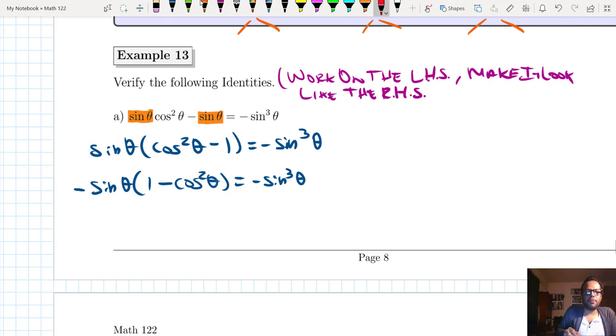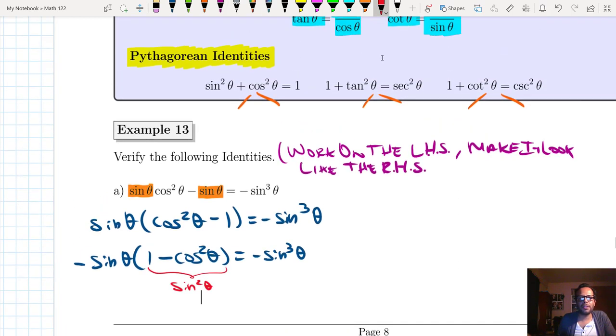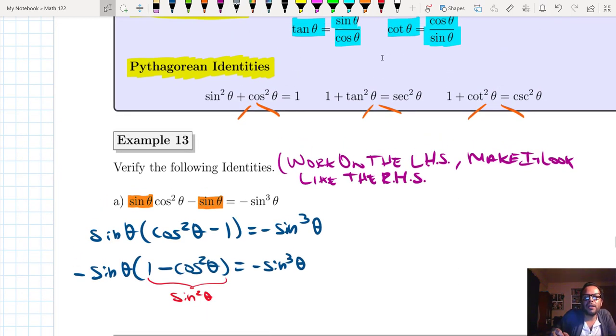Okay. What are we going to do? This guy is the same as sine squared theta from this identity right here. If we move this plus cosine squared to that side, we get sine squared equals 1 minus cosine squared, right? So I'm going to replace this whole quantity with sine squared.